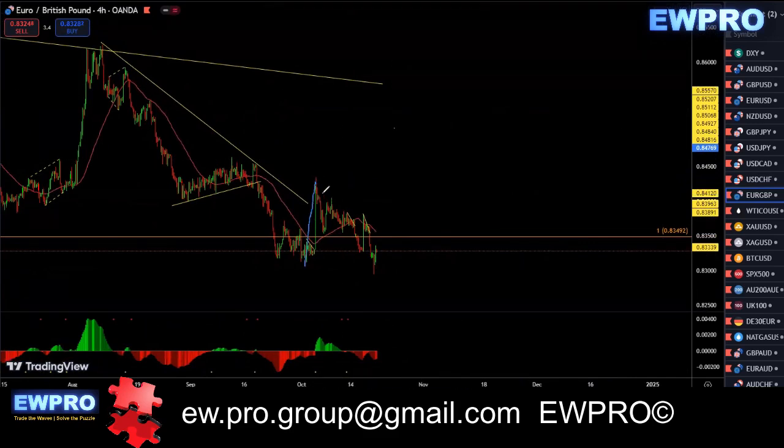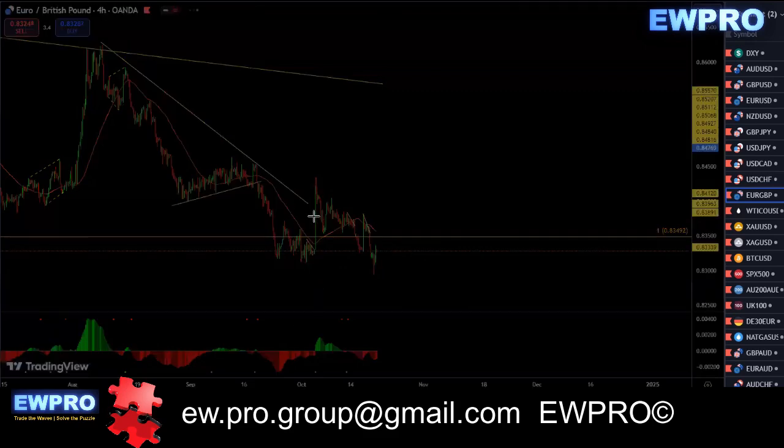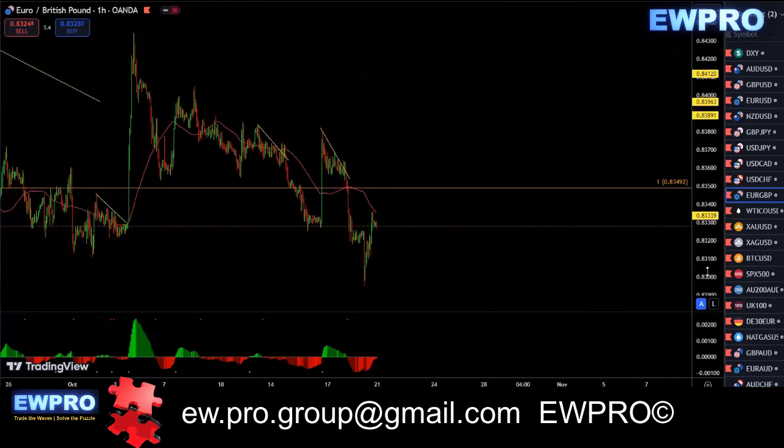It may just be an A, a B, and a C. So looking for this A, B, C here at the flat. Then we get 1, 2, 3 breaking the low, and then A, B, C as a running or expanding flat for more downside. But at this stage on the lower time frames, and because where we are on the daily right at a low, as soon as you start getting a bullish setup, it pays to take it.